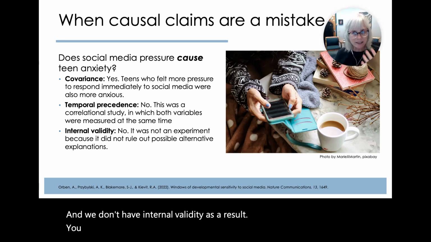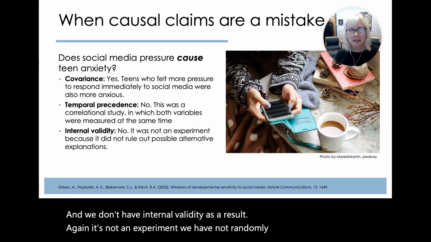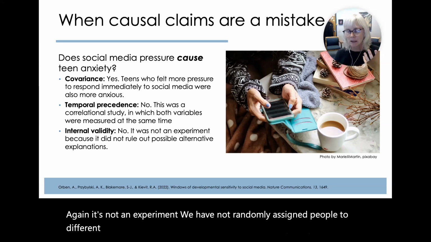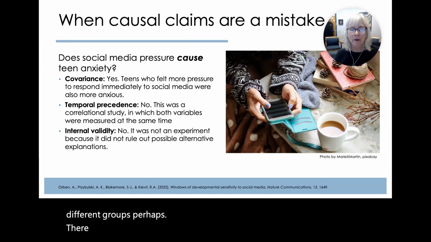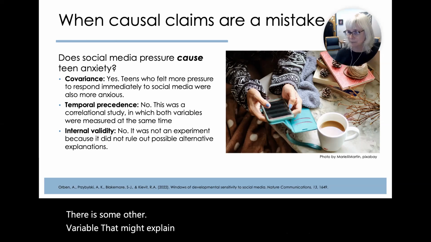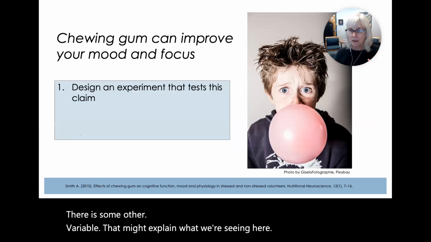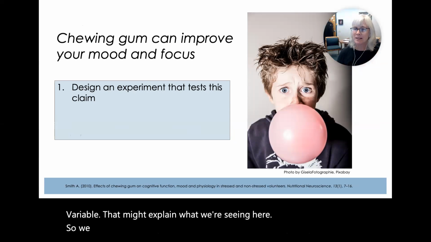Again, it's not an experiment. We have not randomly assigned people to different groups. Perhaps there is some other variable that might explain what we're seeing here. So we do that in response to any causal claim.